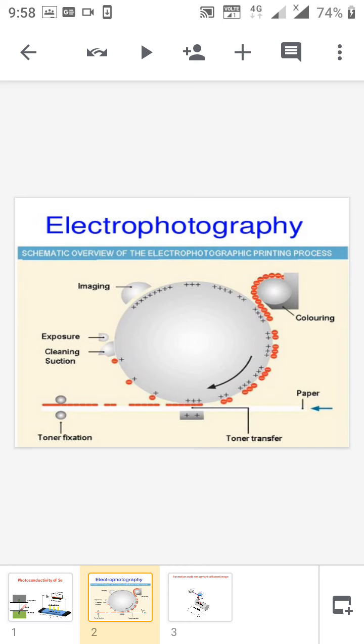The negative charge is produced due to the carbon powder and iron oxide in the toner.